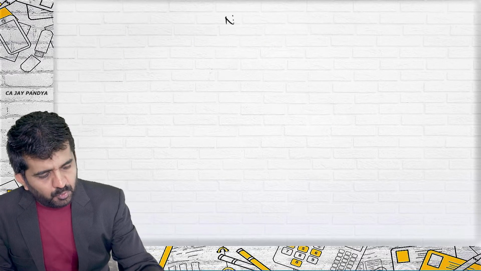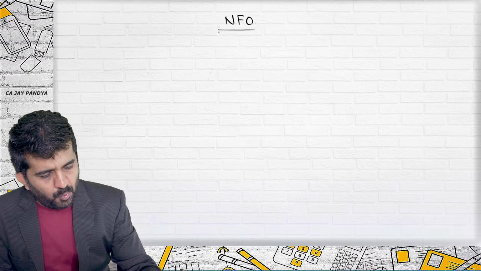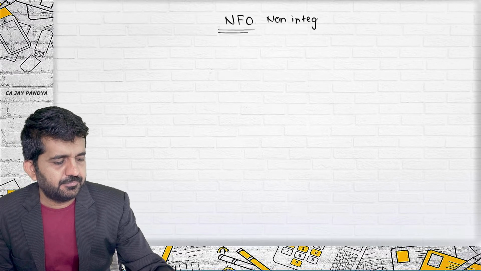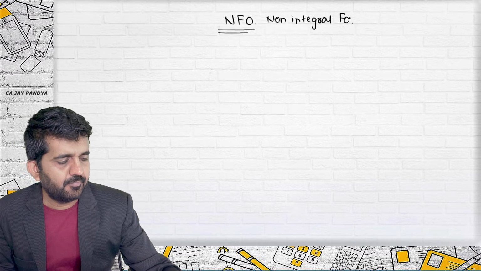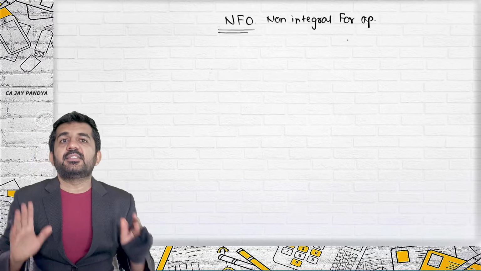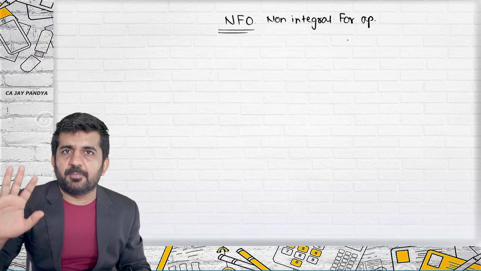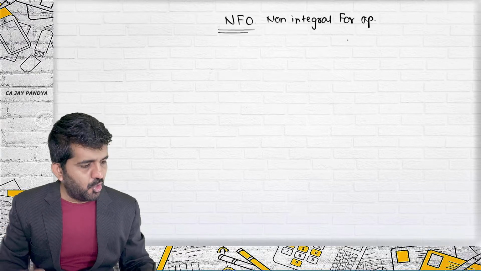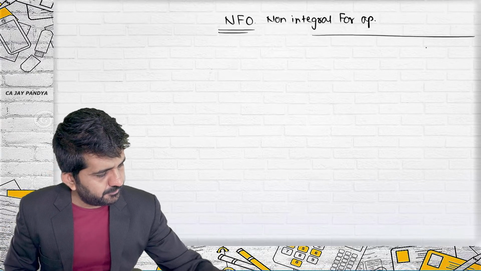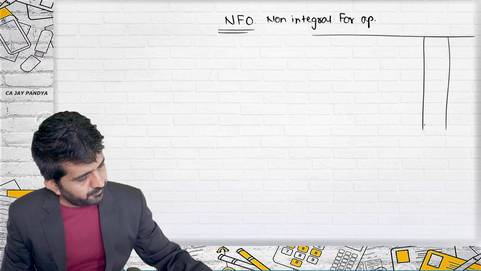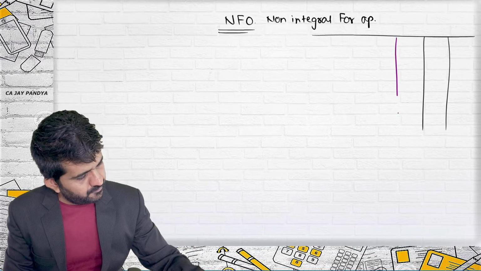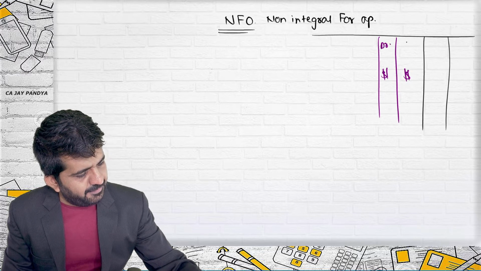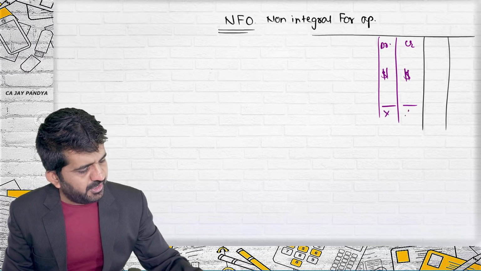We are going to NFO or non-integral foreign operations. Same thing, there will be branch or department. There will be trial balance, which will be in dollars, debit and credit, which will be absolutely tallied.